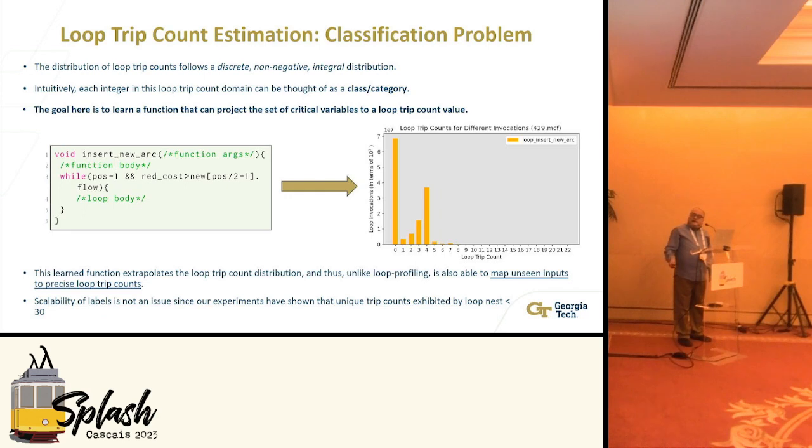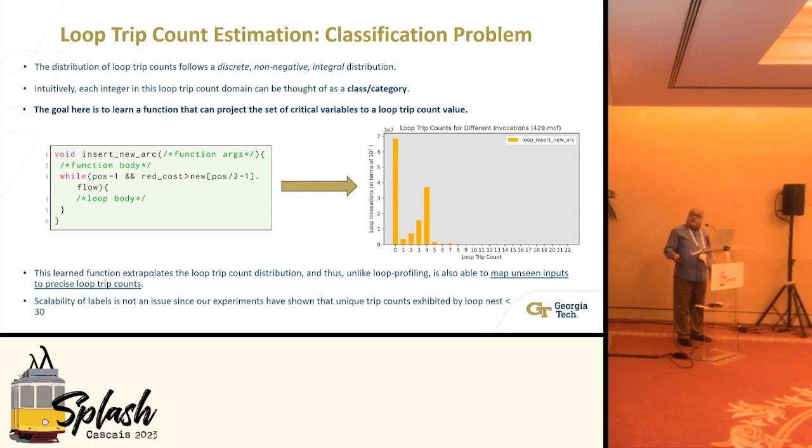And the great part of it, and this is discussed in the paper, is that unlike loop profiling or any regression-based approaches, this extrapolates the distribution of what you see in terms of the values here versus the trip counts in a very nice way. By the way, this example and other examples in a benchmark also show that the trip counts fluctuate dramatically during the execution.